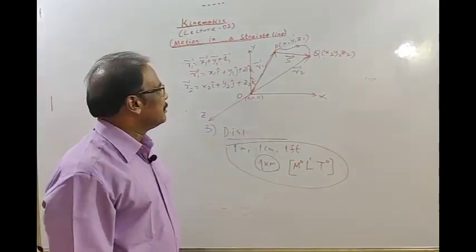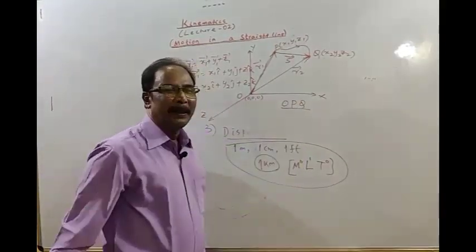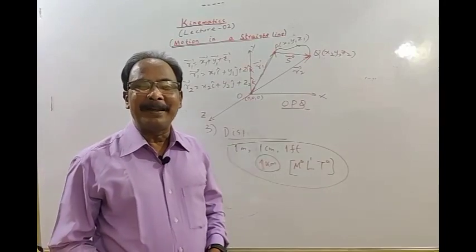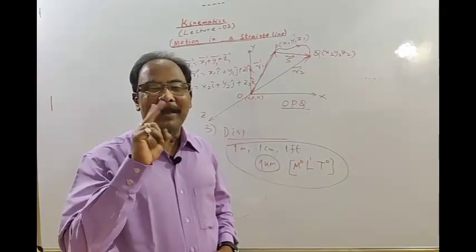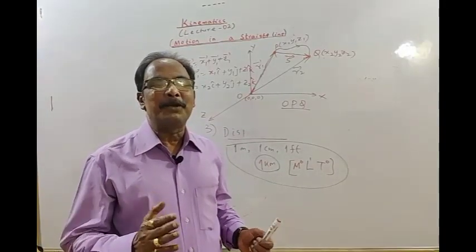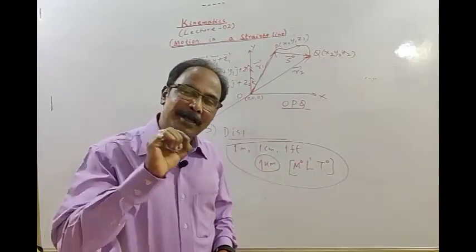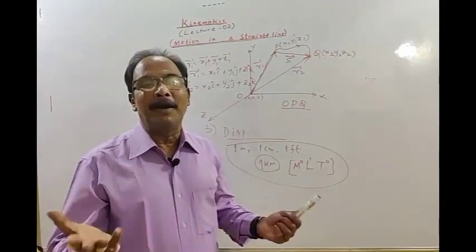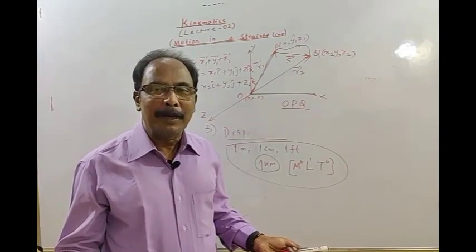See students, from the triangle OPQ, we'll apply the triangle law of vector addition. According to the triangle law of vector addition, if two vectors can be represented in magnitude and direction by two sides of a triangle taken in the same order, then the third side of the triangle taken in the opposite order represents the magnitude and direction of the resultant vector.